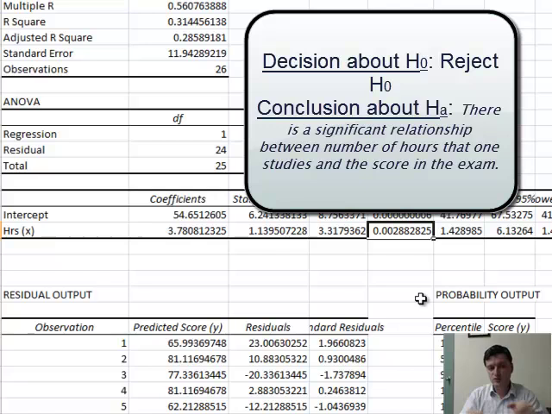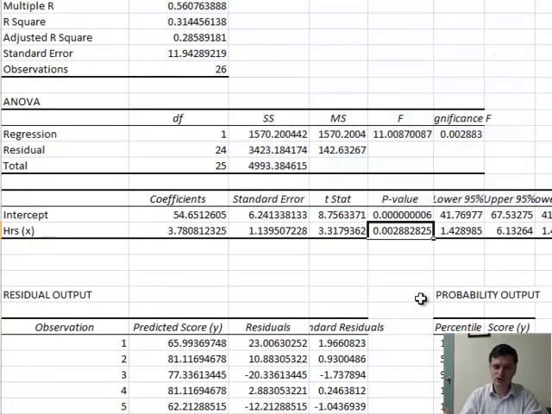Because this p-value is smaller than 0.05, we reject the null hypothesis that there is no correlation or supported relationship between these two variables, and we accept the alternative hypothesis that there is such a supported relationship. There is an effect that hours of study have on the overall exam score.